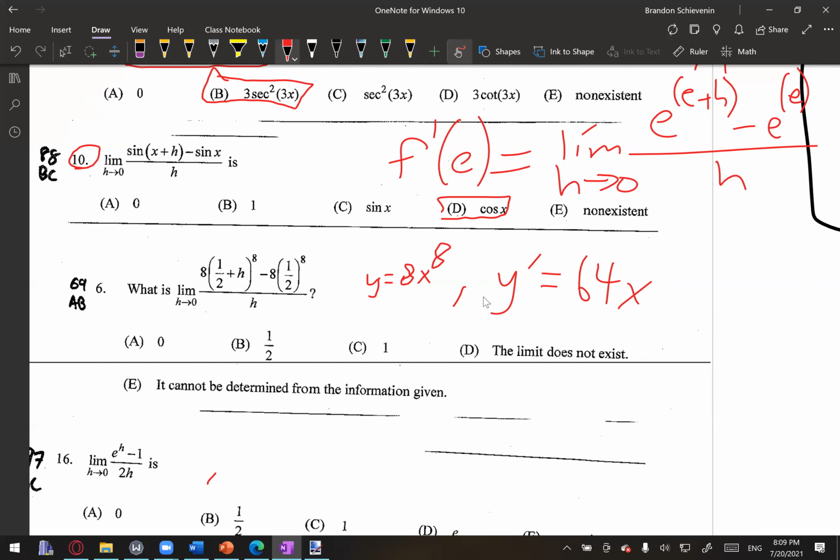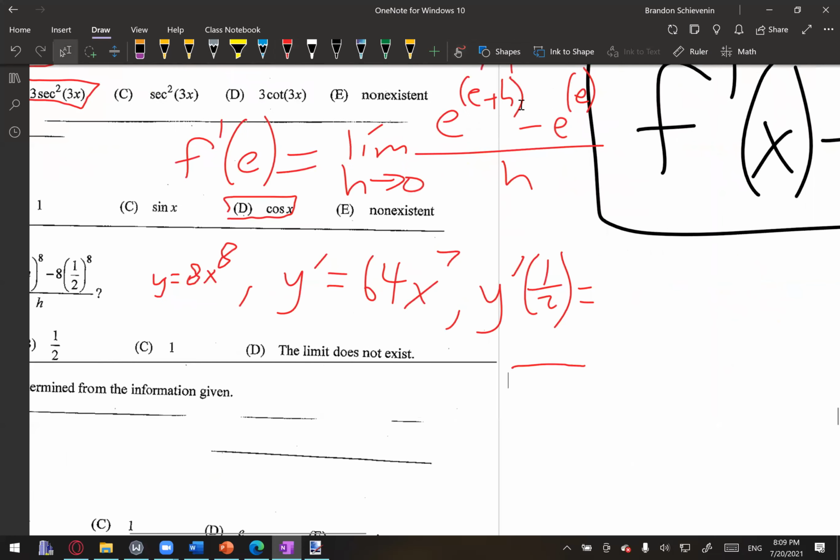The power is 7. Okay, and then if I plug in 1/2 right now, then y prime at 1/2 would be equal to 64 times 1/2 to the 7th power. Oh, the answer is B.